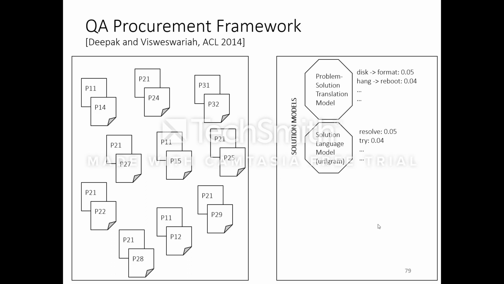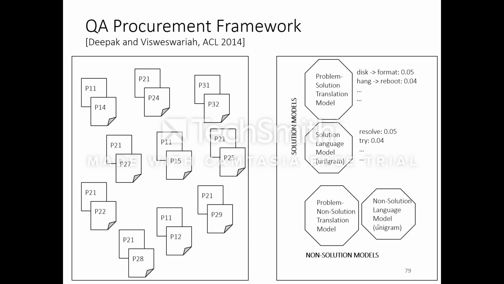One is called the solution model, which is a solution language model, like we saw in the last slide, and another one is a problem solution translation model. And this is expected to account for the solution posts, right? And there is another pair of models which are called non-solution models. So there is a problem non-solution translation model, and there is a non-solution language model.